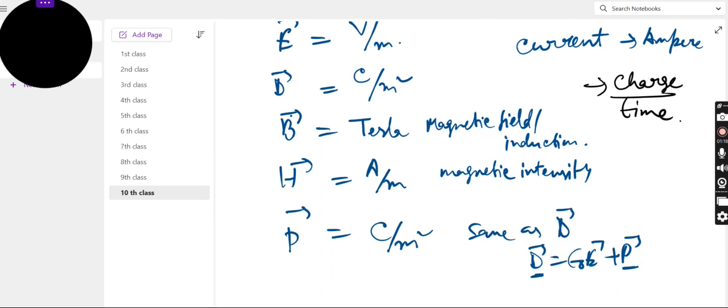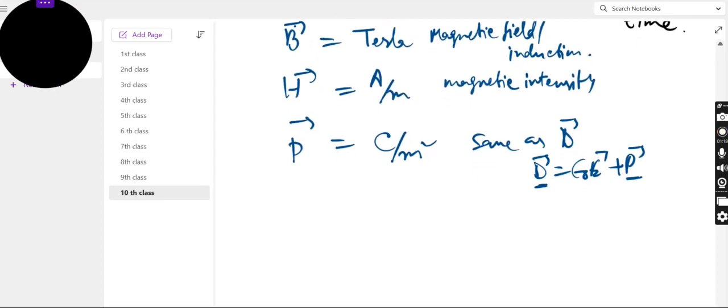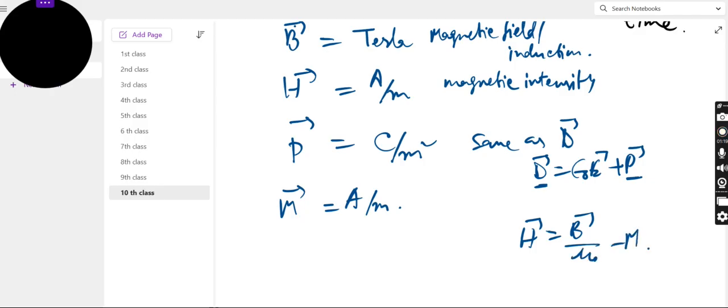Basically, with polarization, when you multiply epsilon, then it adds up and gives you the displacement vector. And the magnetization is ampere per meter. As we have seen, H is equal to B by mu minus M. So if they do not have the same unit, you will not get the subtraction. Here you cannot add up.